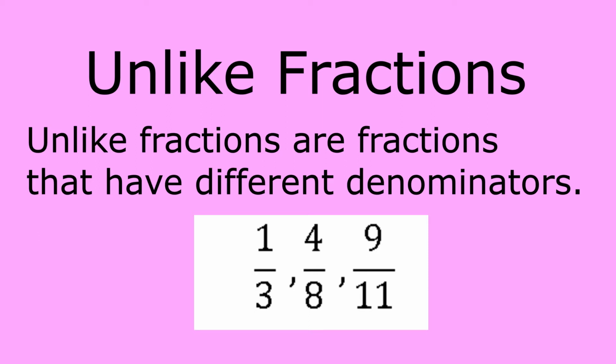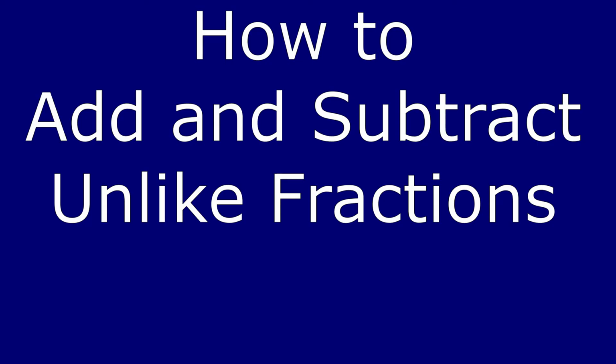Here the denominators are 3, 8 and 11. So the denominators of all these fractions are different. Such fractions are called unlike fractions. Now we will see how to add and subtract unlike fractions.